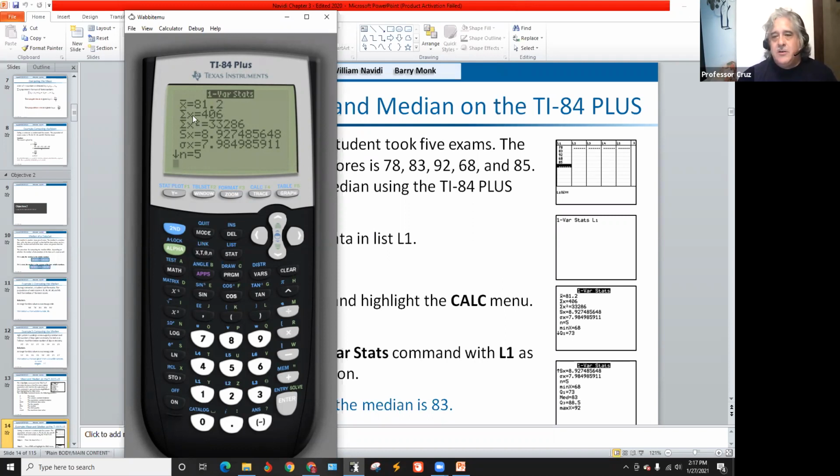These two next to it, the second and third one, I don't know why you would need those. We're going to talk about this next, the sample standard deviation and the population standard deviation. And then on down here, you got what's called the 5-number summary, which is the third part of chapter 3. So this does everything in chapter 3 for you in one click.